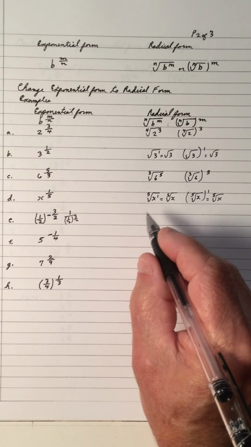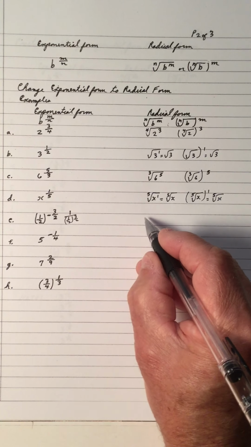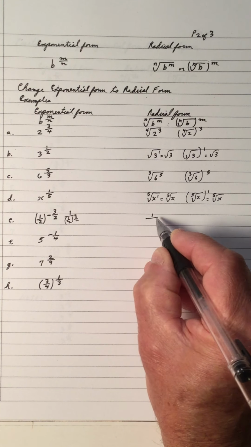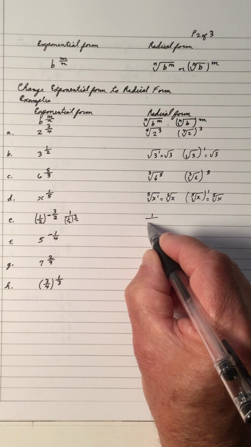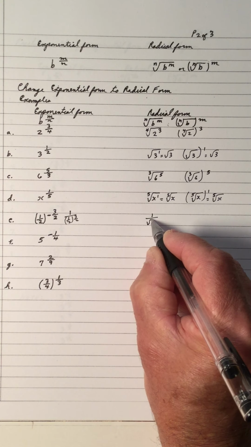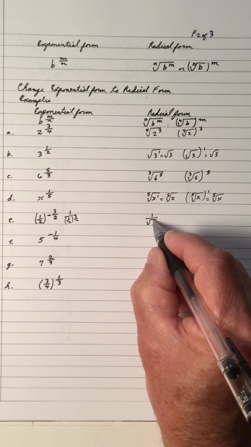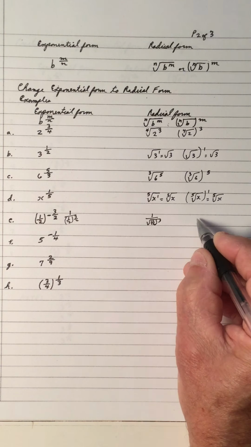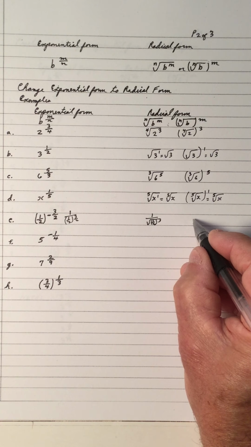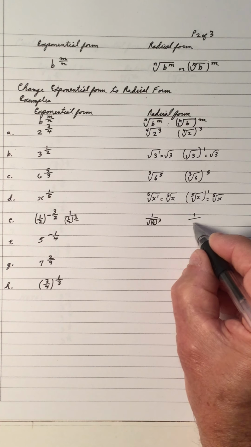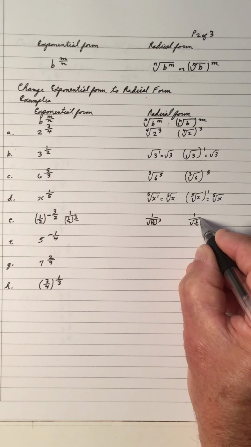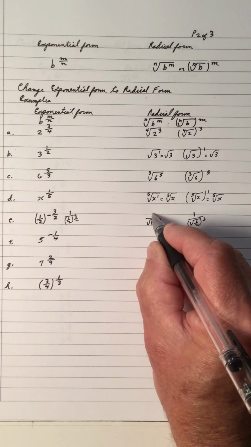So we have 1 over, and the root is the square root because of the 2. We have a 1/2 and we cube it. Or we could have 1 over the square root of 1/2, all cubed. Because the exponent is negative, I did the 1 over.